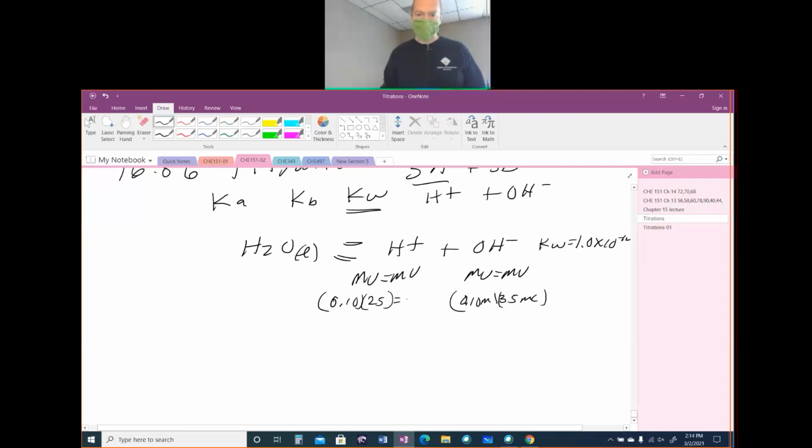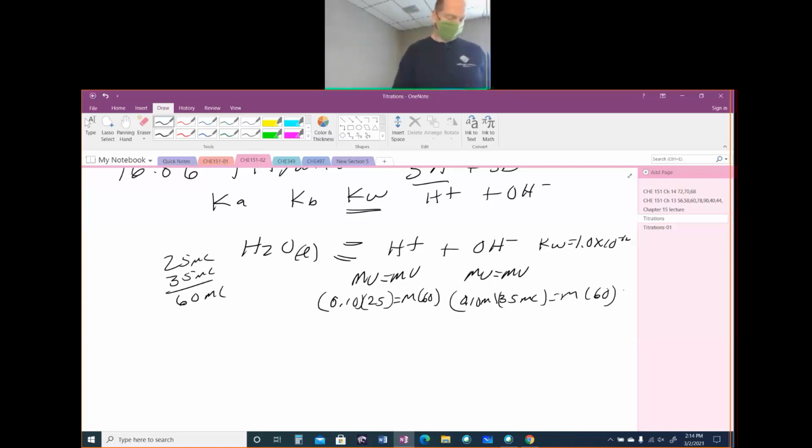All right, so now we need to know our new molarity now that we've added our 25 to our 35. So 25 mils plus the 35 mils gives us a total of 60 mils. So our volume total is 60 mils. So to get our H plus, we take our 0.1 times 25 and divide by 60.